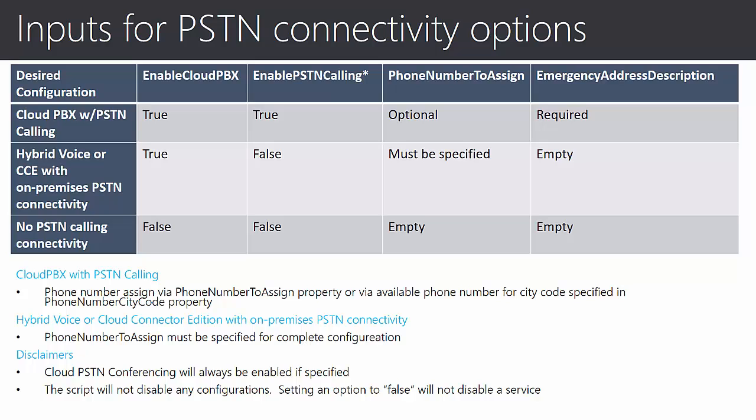So that will not be assigned. If you don't want any PSTN calling connectivity for these users, just go ahead and say enable cloud PBX is equal to false. Again, this is not the entire set of options, but I did want to spend a little bit of time talking about those options specific to PSTN connectivity options.